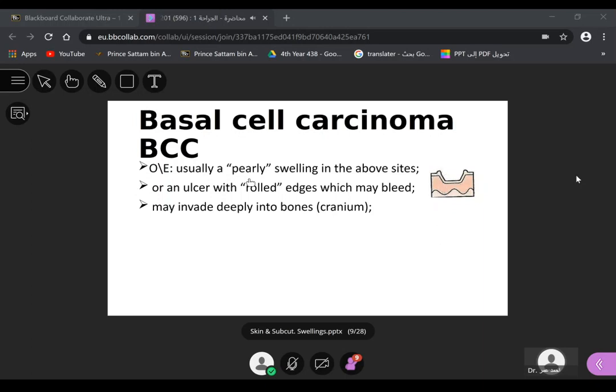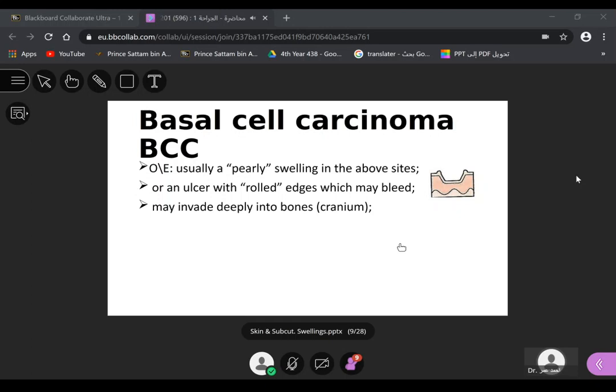So it gives rise to a characteristic appearance which is known as pearly swelling. You get these rolled edges, and there are very small structures like beads found on these rolled edges, and the color of these small rounded beads is like diamonds. I will show you a picture now, and this characteristic feature is known as pearly.